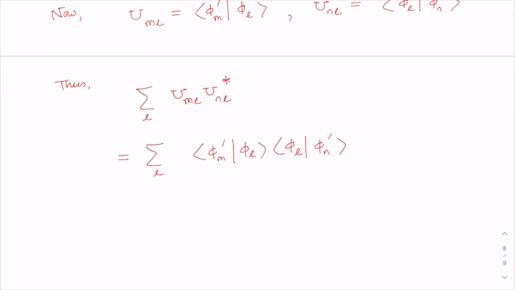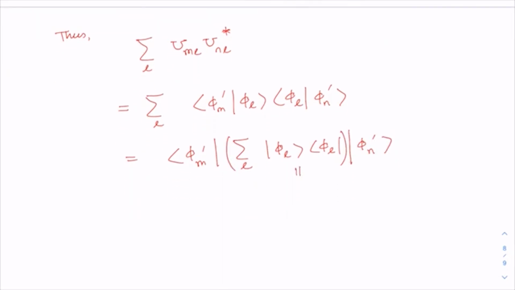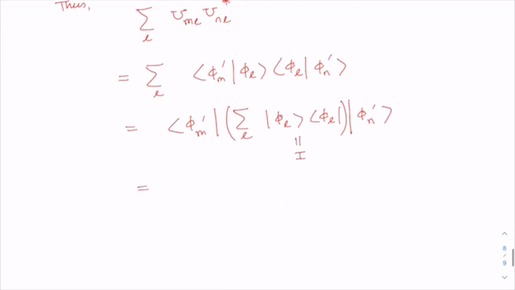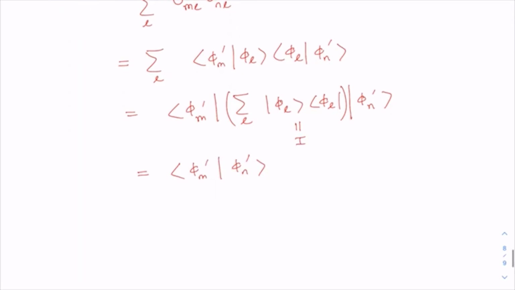As you can see, I can write it as phi m dash, summation over l of phi l phi l, and here I have phi n dash, and this is the identity operator, so I will have phi m dash phi n dash. So this is the scalar product in the new basis, and we know that this is nothing but the Kronecker delta mn.